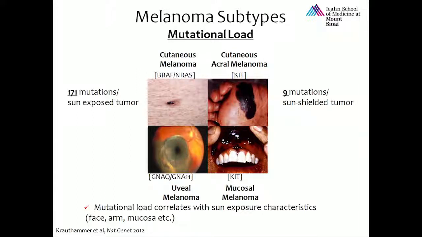What we've learned is that if we sequence melanomas from sun-exposed sites, the mutation load is high. In this paper, 171 mutations per tumor, and in sun-shielded areas, it's about 9. So there's a nice correlation showing that mutation load correlates with sun exposure characteristics.